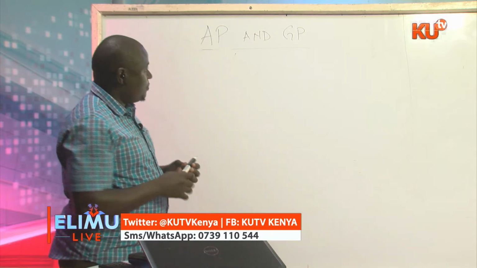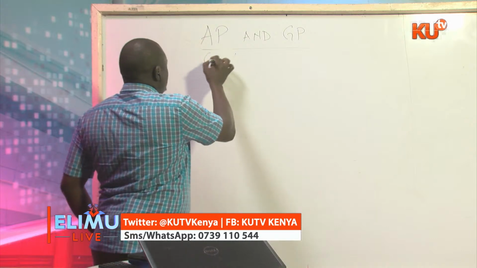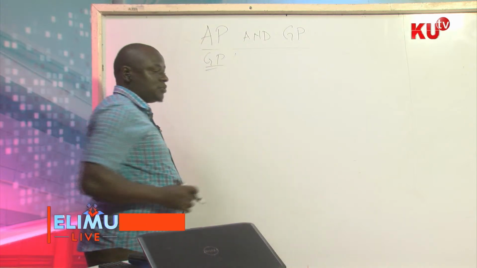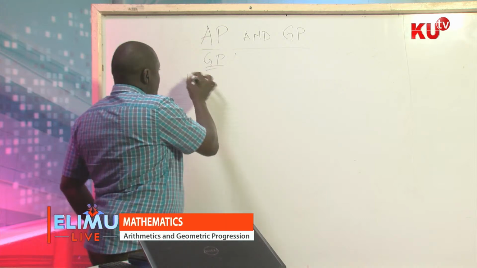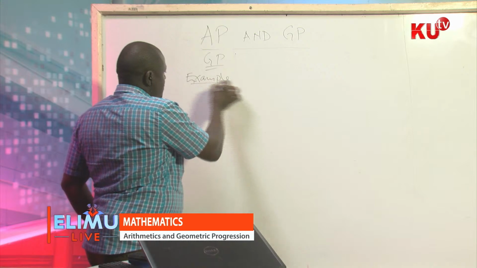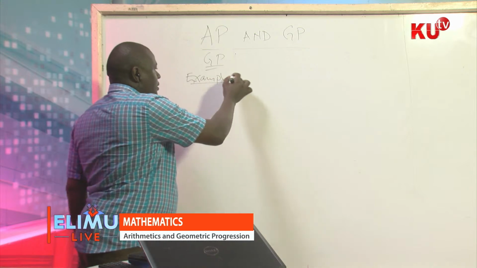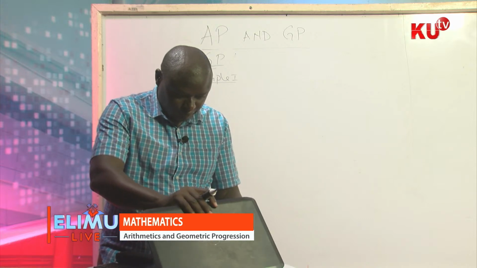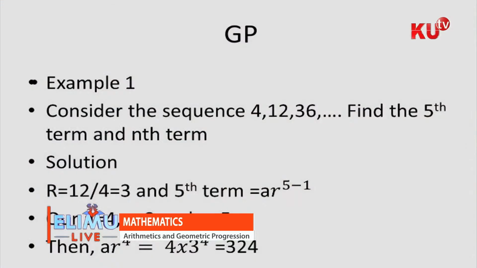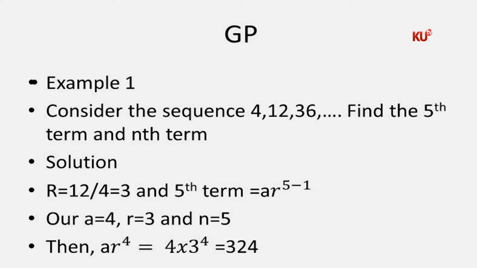Now, example in GP, we can do 2 examples there. Example number 1, because we already talked about what GP is. We have a list of numbers.